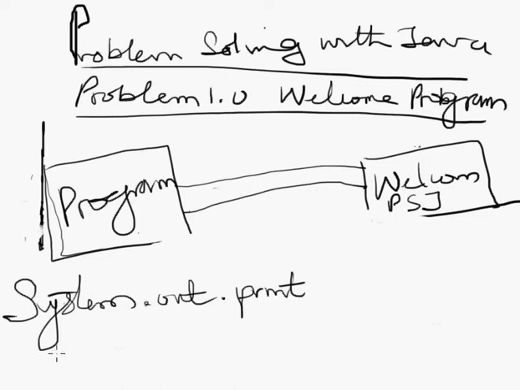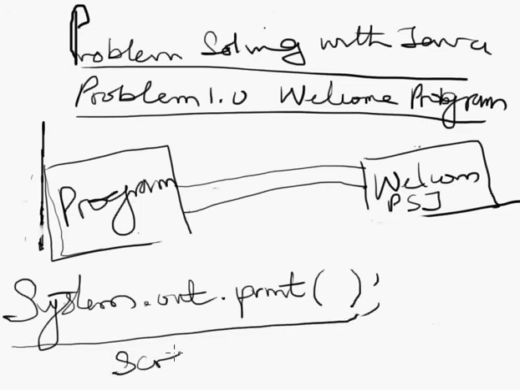This is how we represent the screen in Java. So what do you want to print? We terminate the statement with a semicolon. The parenthesis is empty, so whatever we want the program to print, we just need to write it there. The whole of that represents the screen. That is all you need to do.